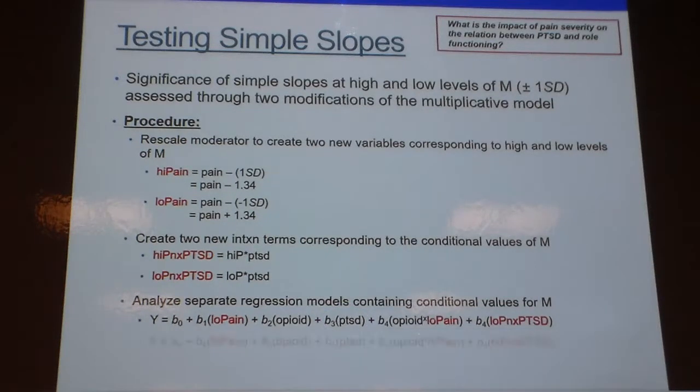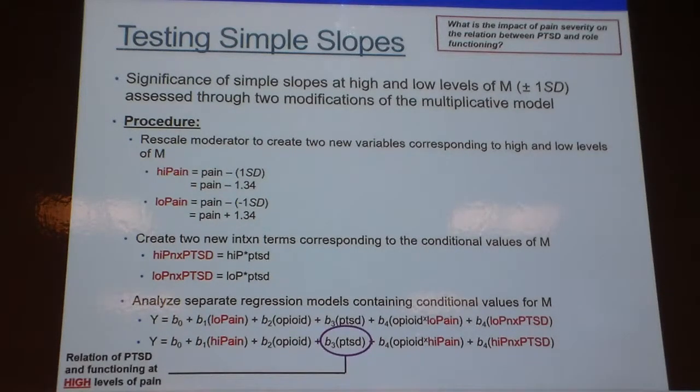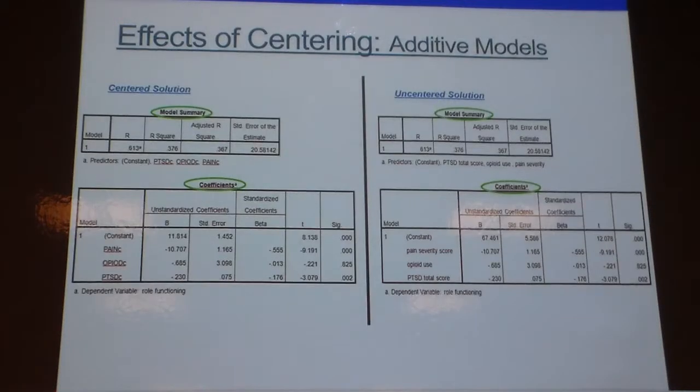Same thing if I substitute into my base regression model my high pain variable and my high pain interactions. Now if I look at my coefficient for PTSD, this is going to correspond to the conditional effect of PTSD on outcome at high levels of pain. Okay. And we're going to go through an example of this so you see.